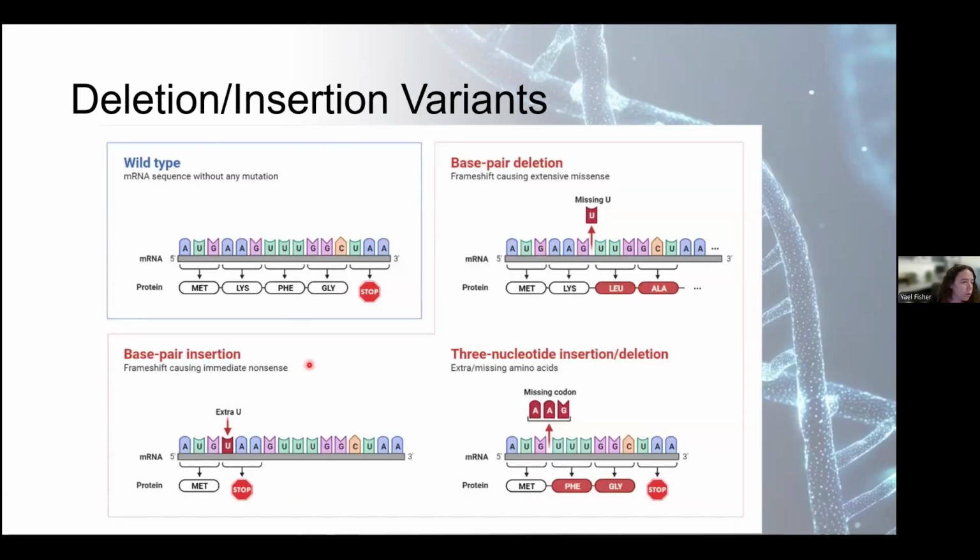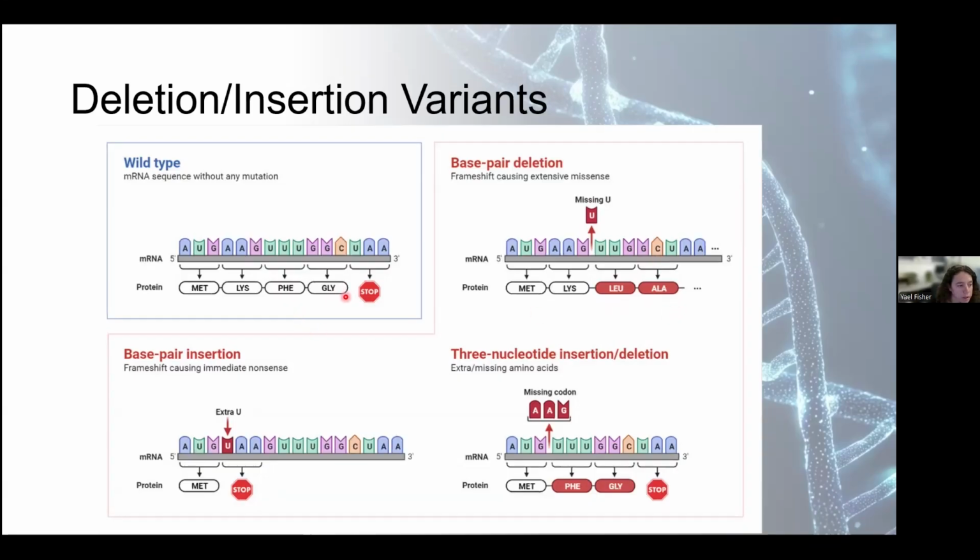So just again to show what this means, we have a normal sequence here. There are 4 amino acids, and then there is a stop codon that terminates the translation. So if we have a deletion of a U here, okay, this U, what will happen is that the first 2 amino acids would be translated correctly with met and lys, and then the third codon would change, and instead of having a UUU or TTT that encodes phenylalanine, we'll have a UUG that encodes leucine, and then it continues with the wrong reading frame.